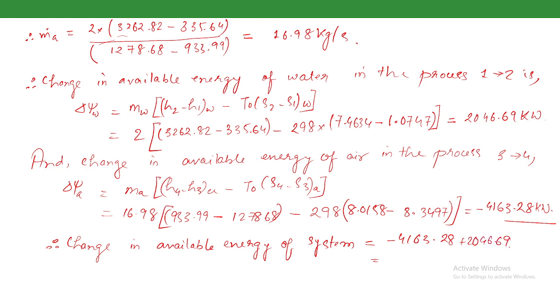Okay, so this value comes out to be minus 2116 kilowatt. Okay, so the minus sign denotes that there is a decrease in available energy.